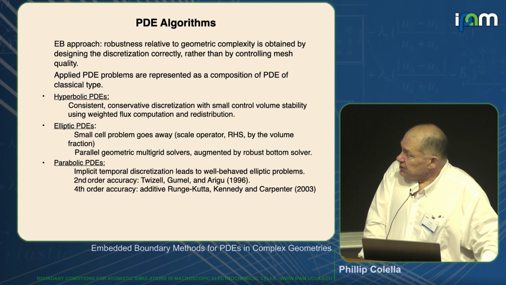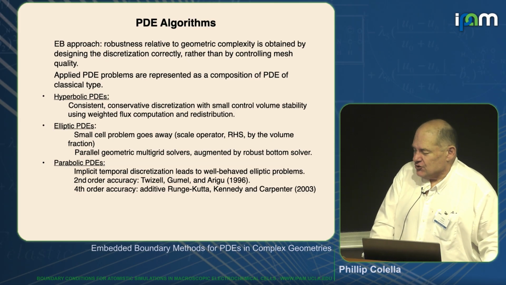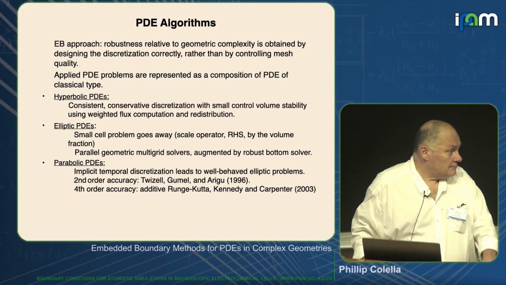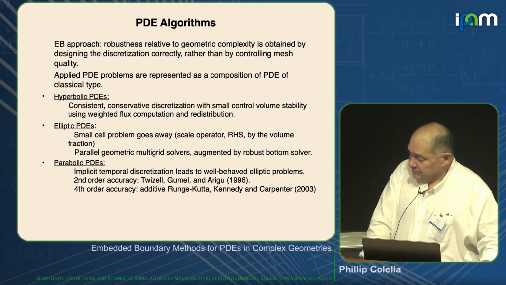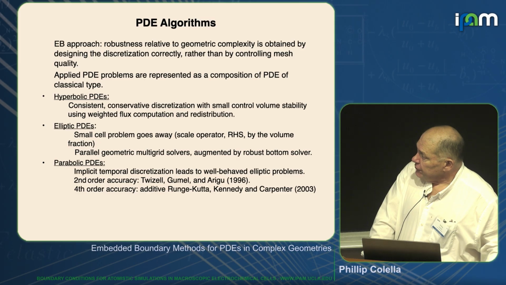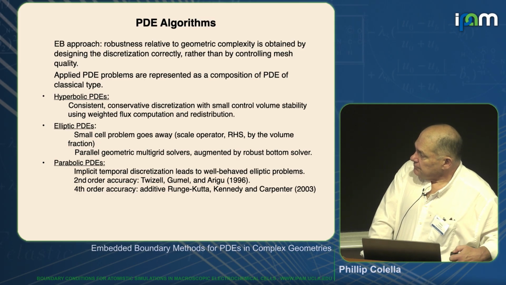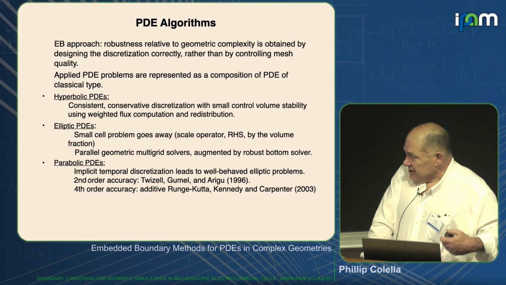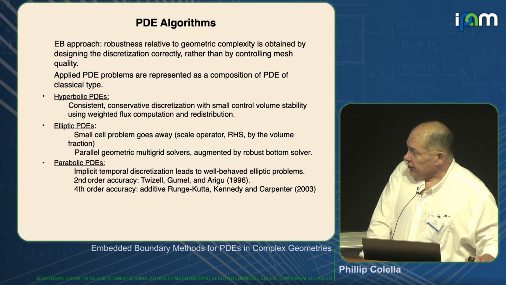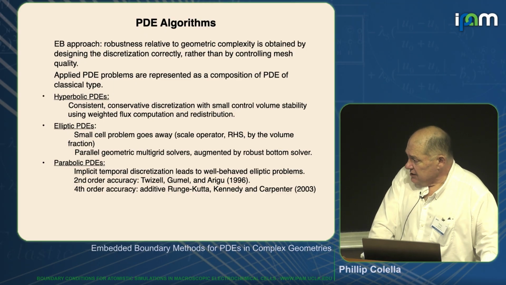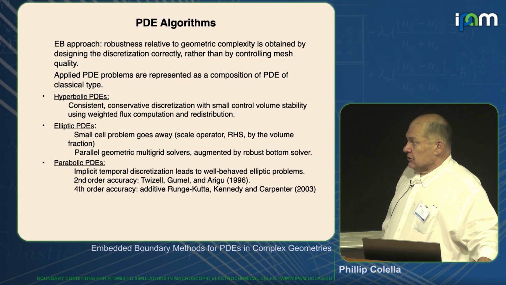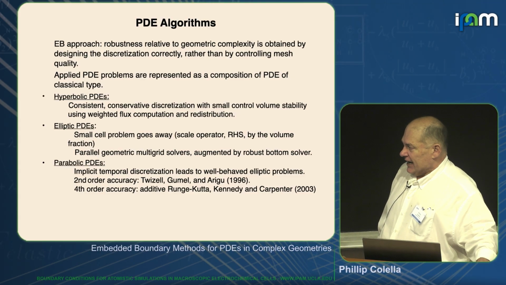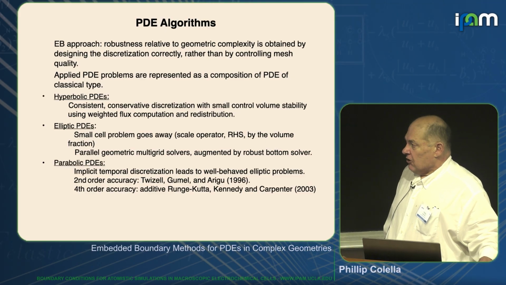So how about now that we have our grids generated, how do we discretize our PDEs? Well, in the embedded boundary approach, as I said, we have to be a little bit careful about how we choose our discretizations to make sure that we get things that are stable and that we get things that are accurate. And of course, stability is always the hard nut.